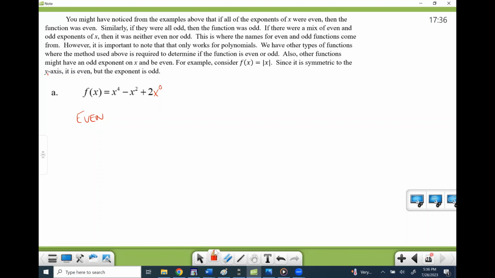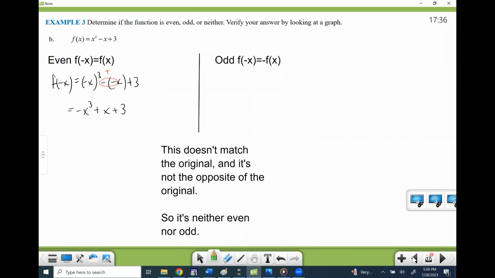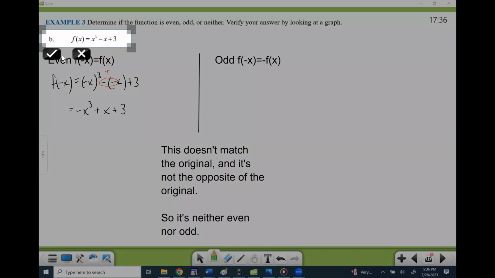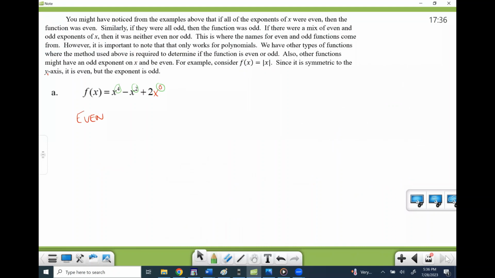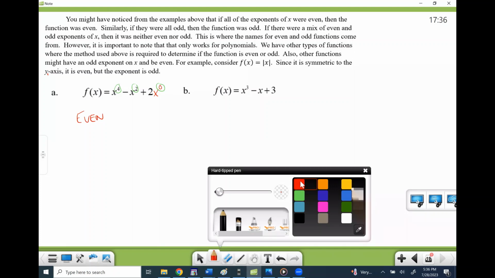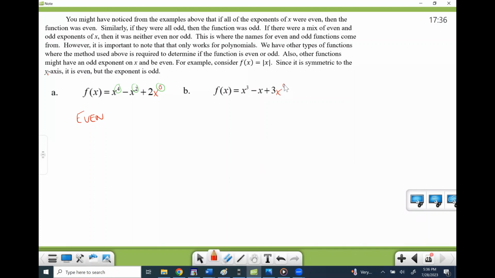Okay, so I'm going to circle all the exponents just to make it really clear. Let's go to example B really quickly. On this one, with the 3, and us adding that x to the 0, because everything has to have an x, well, this one got us a neither.